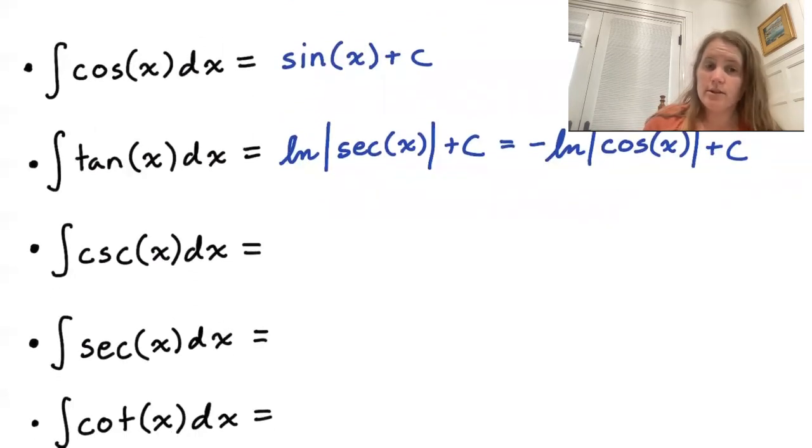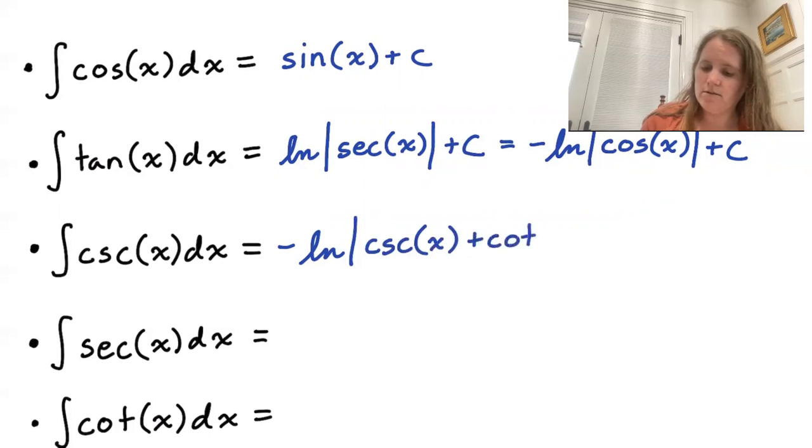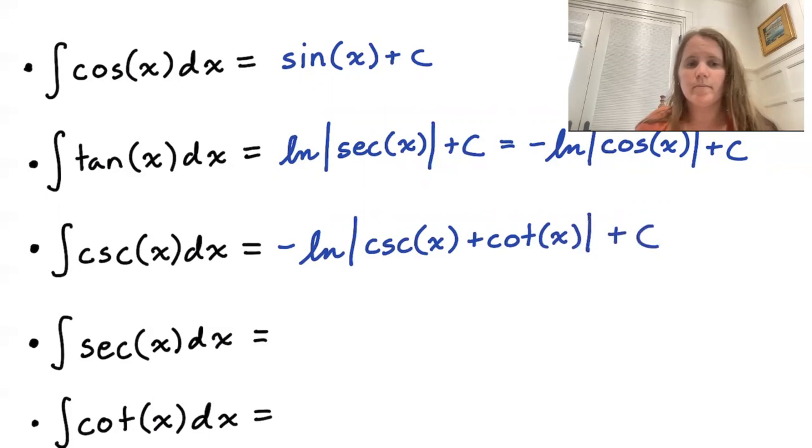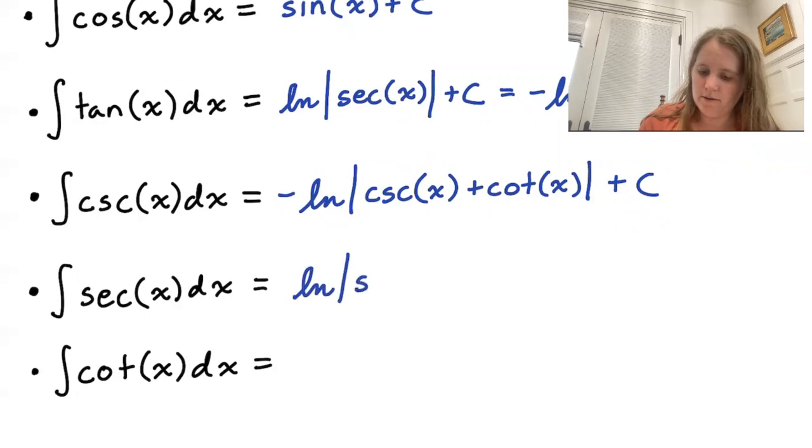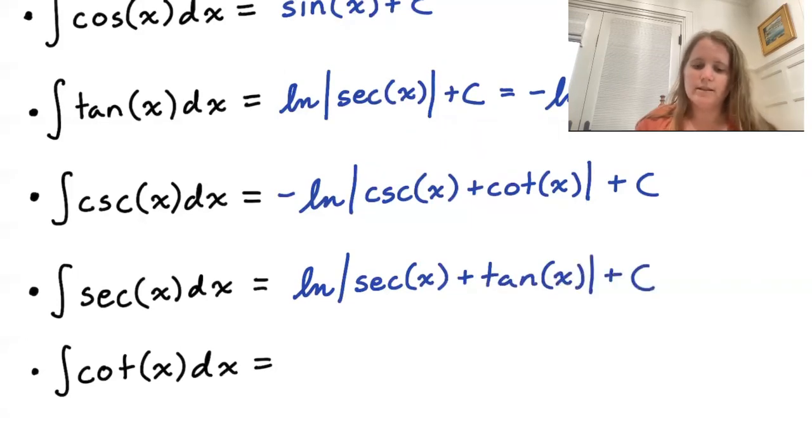The integral of cosecant x, we just found, was negative natural log of the absolute value of cosecant x plus cotangent of x plus c. Secant wound up being the natural log of the absolute value of secant of x plus tangent of x plus c.